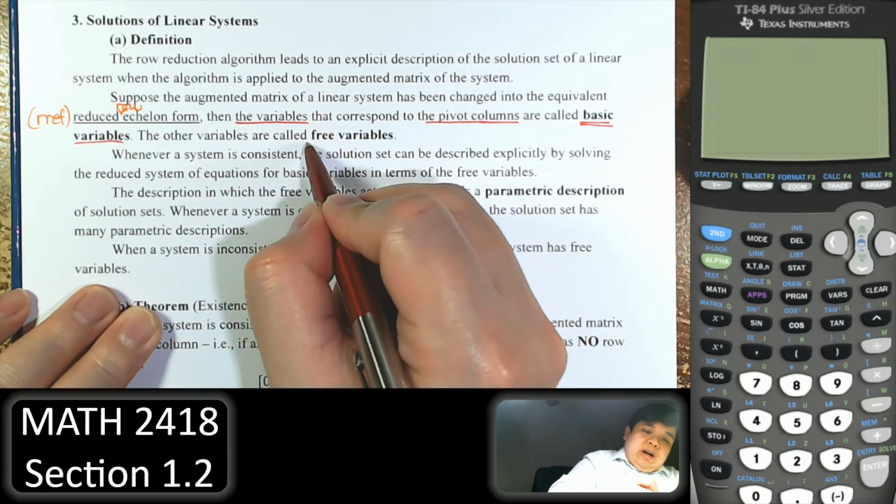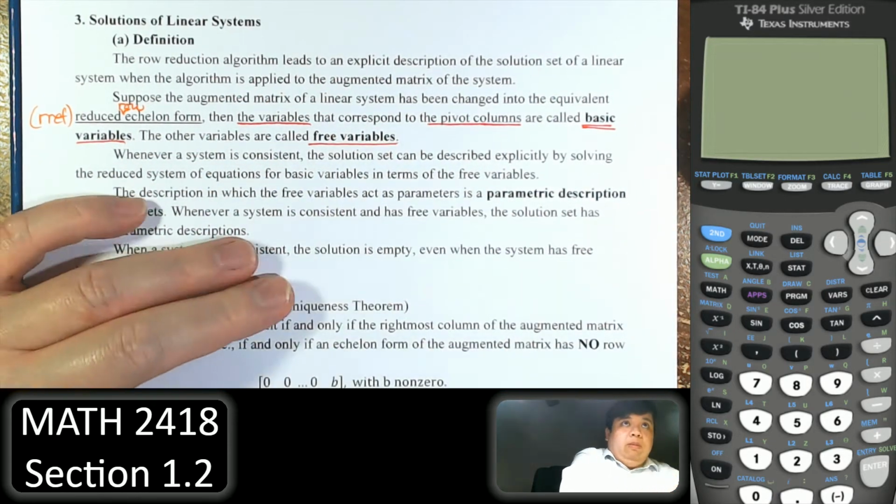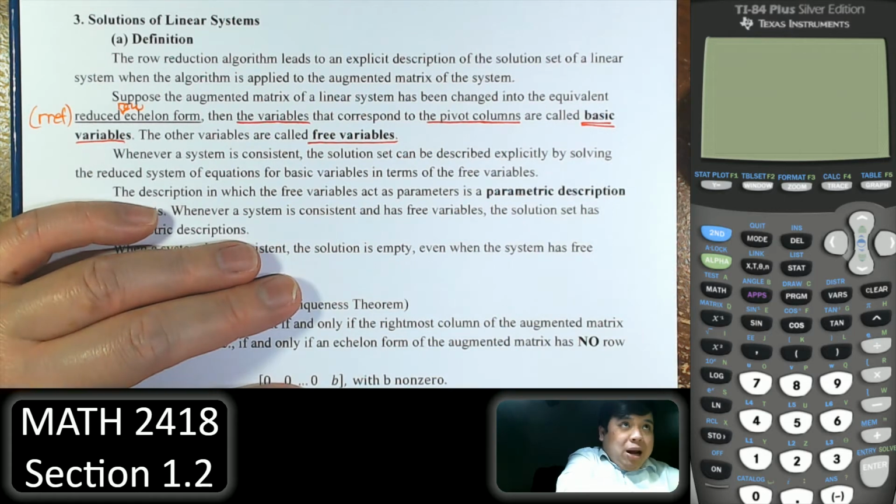The others are free variables. We'll get back to this in a minute.